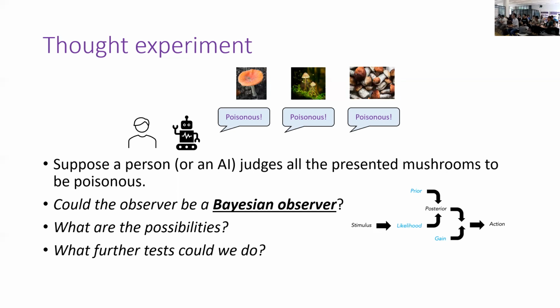All of this could be possibilities you encounter in your experiments, say with humans or animals or with your networks, the behavior of your network. I think all of these are possible. So any idea what future tests could we do?